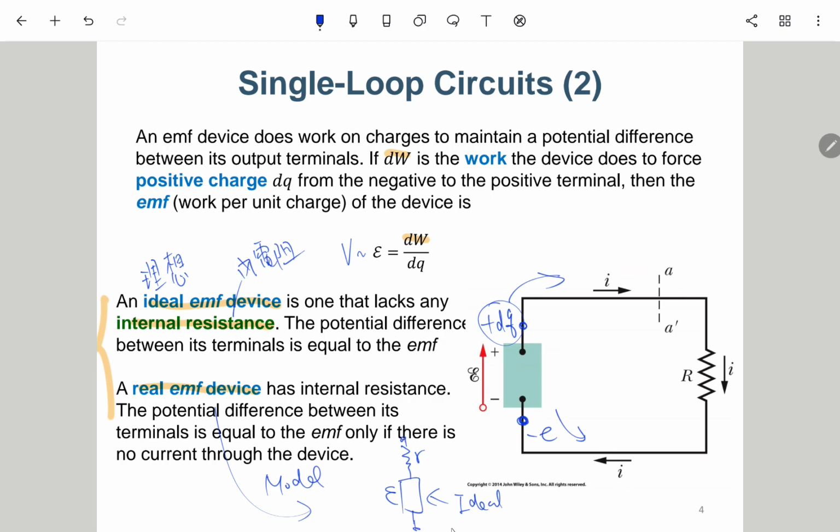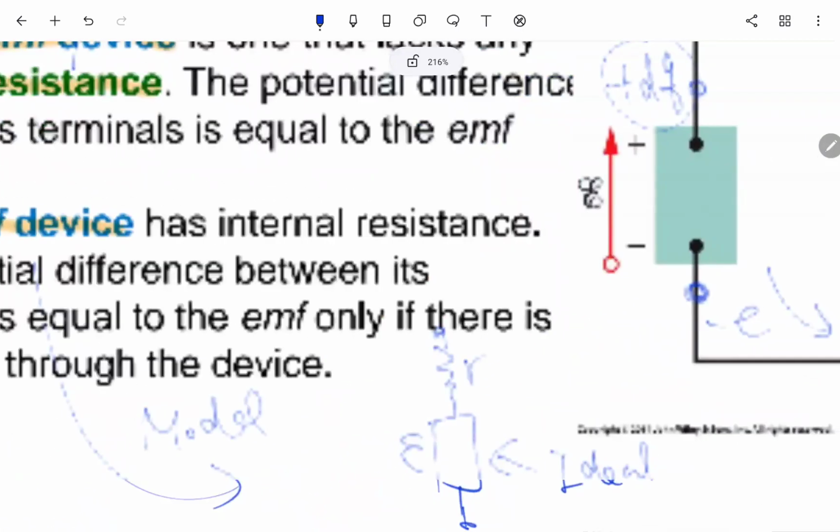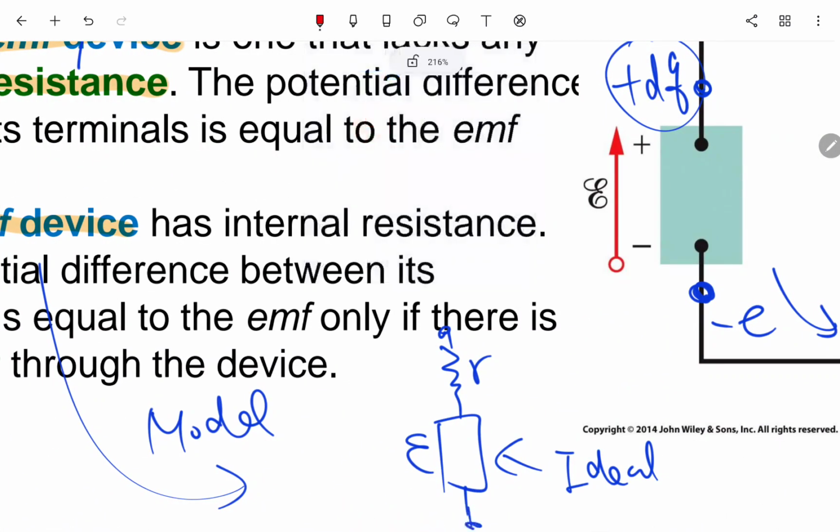Okay, if there is no current, the potential difference between this point and this point, let's say this is point A and this is point B, so this is V_AB, and this is E. If there's no current, that means the potential difference across this small internal resistance is zero, because V_R equals I times small r.